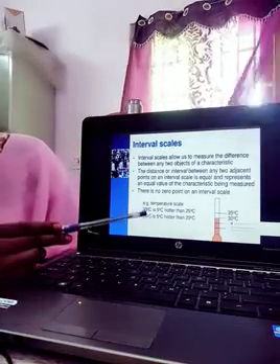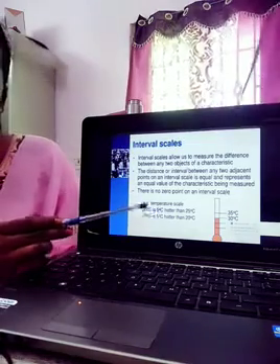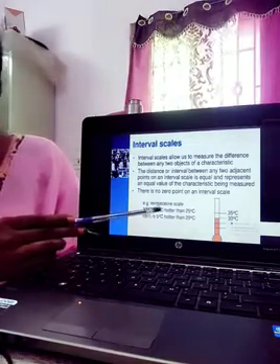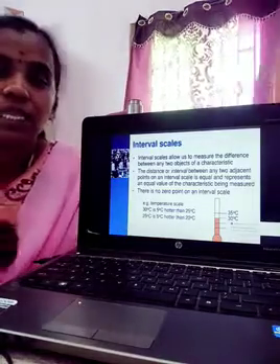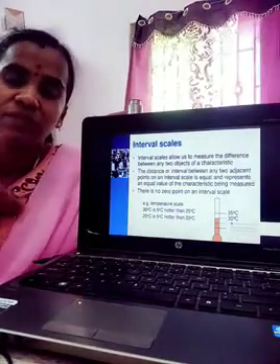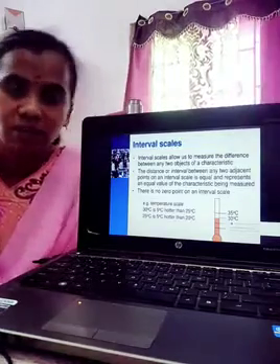See, for example, 25 degrees Celsius to 35 degrees Celsius; like that they will have an interval from one number to another number. They will have some series of interval.